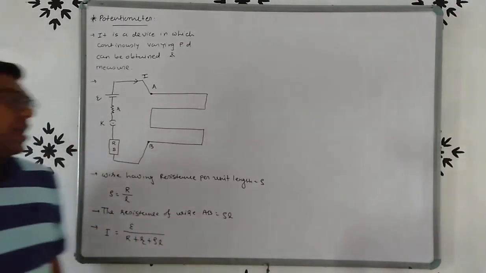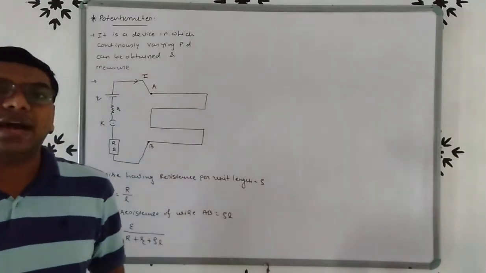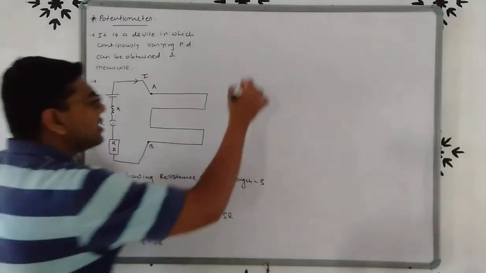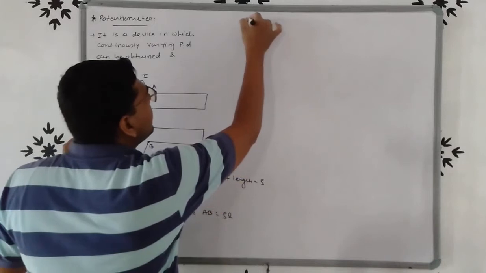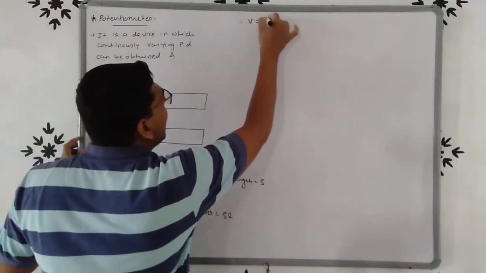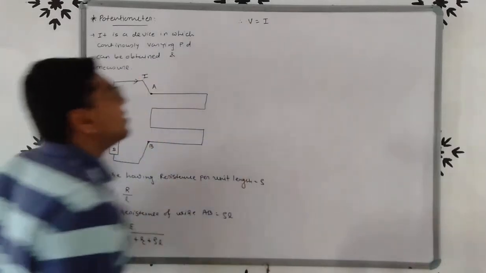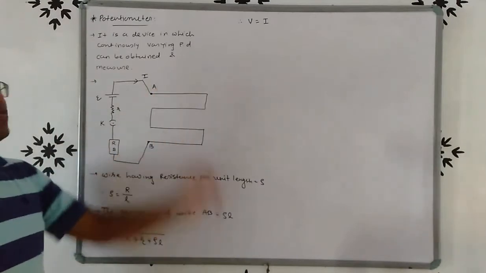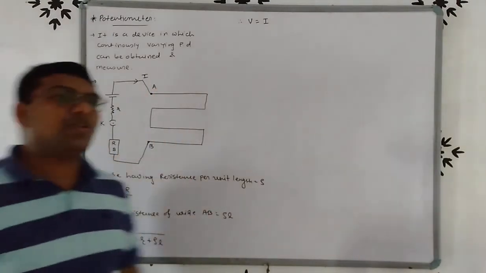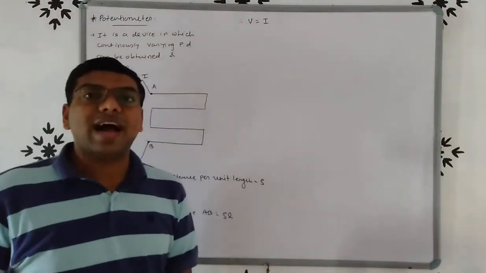Now if we have to find out the potential difference, we know the formula, potential difference V is equal to IR.